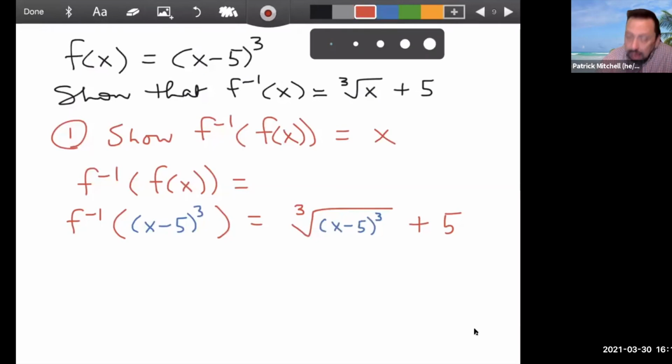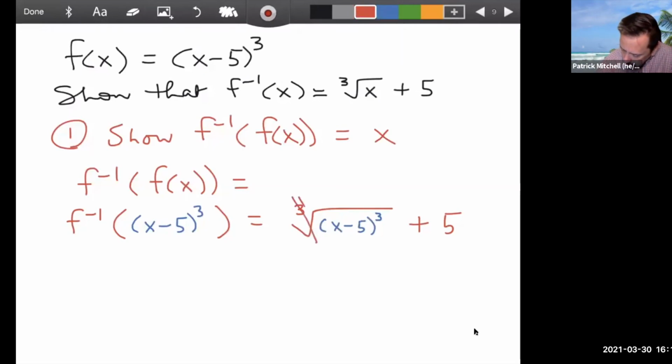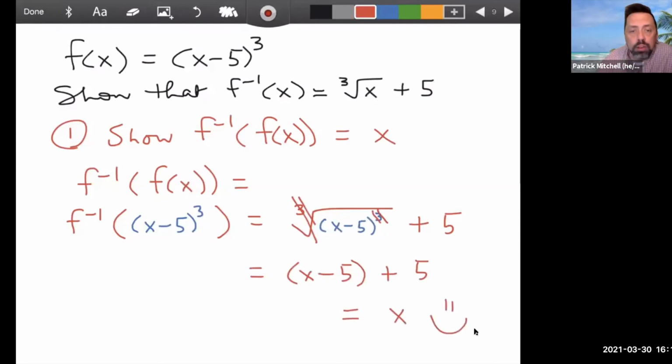Now the cube root and the third power will cancel each other out and just leave me with x minus 5. And then, of course, x minus 5 plus 5 is x. Woohoo! We're always looking for that to come out to be x. If it comes out to anything other than x, that probably means something's wrong.